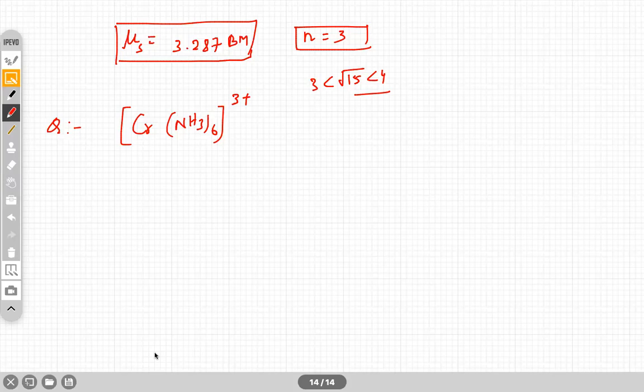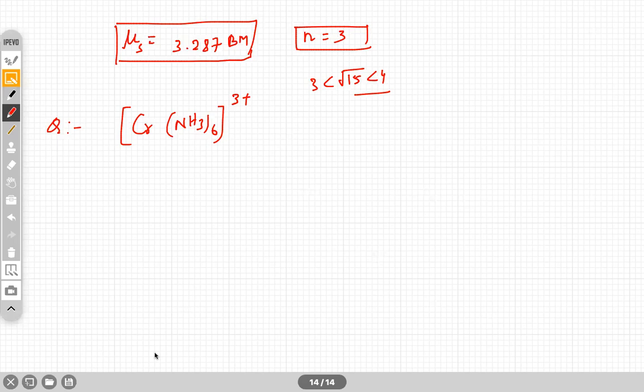Okay, Siddharth. Other things, magnetic property. Is it d2? I think Tripan you have written it the other way. Should be d2, right? So I was getting d3 only. Yes, I was getting d3sp2.